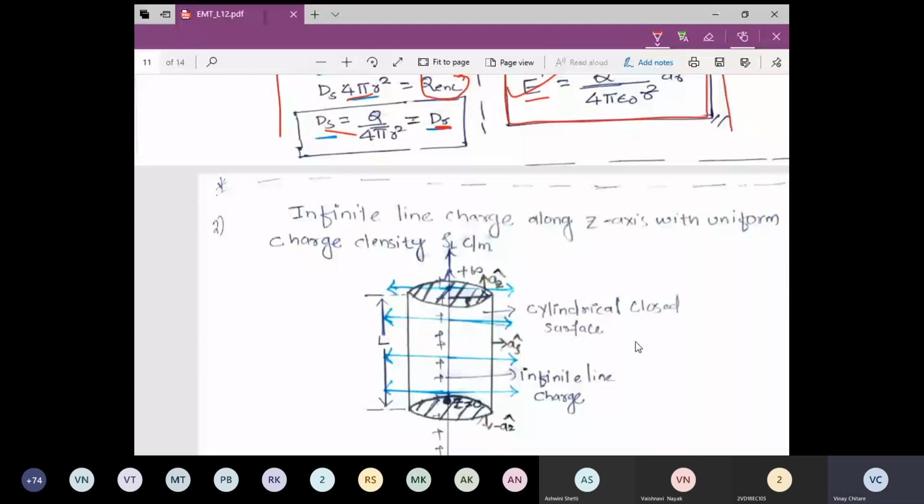Can you recall, even there we have discussed the symmetry of the problem. So could anyone tell me which component of electric field is present, and it is a function of which variable?